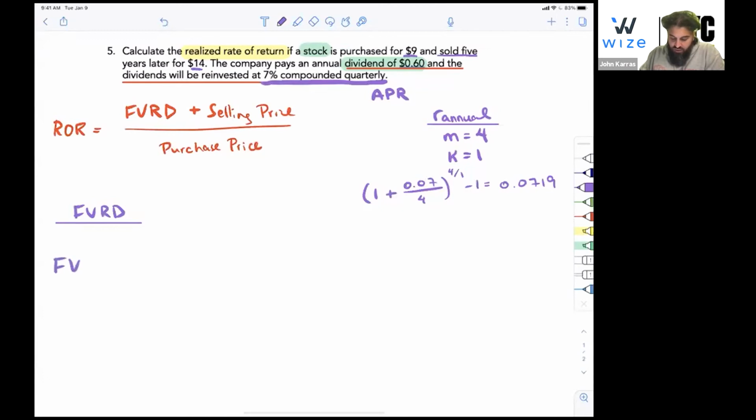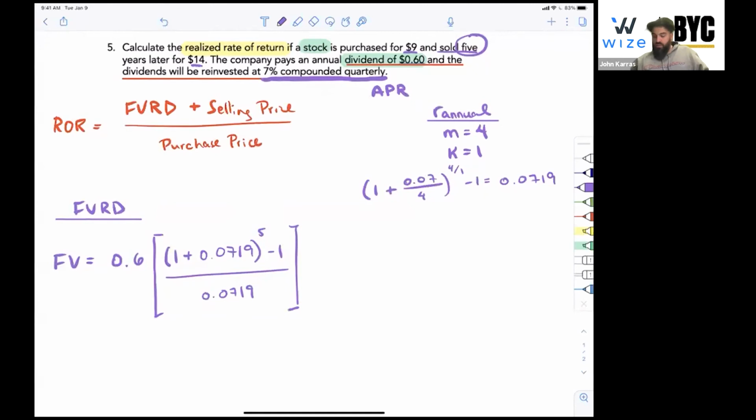So the future value is 60 cents, that's the payment, times 1 plus the rate, and you held it for 5 years, so you received 5 dividends. Let me know what you got. I got 3.46.